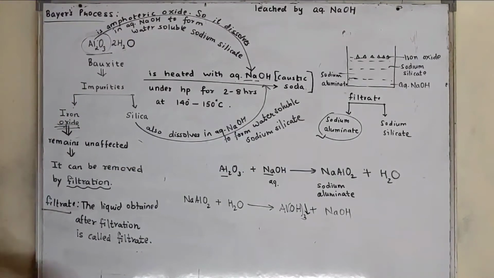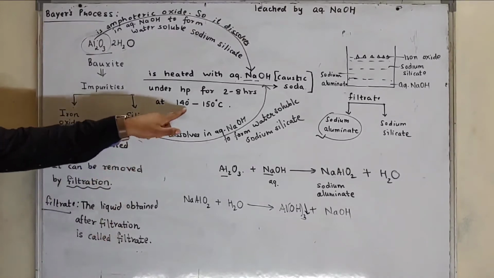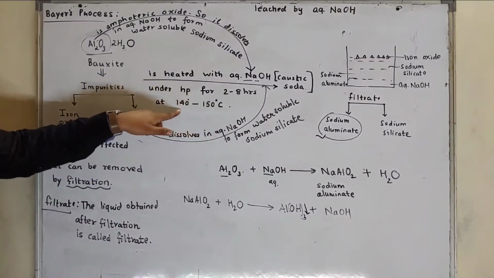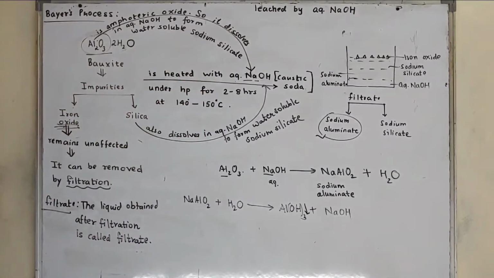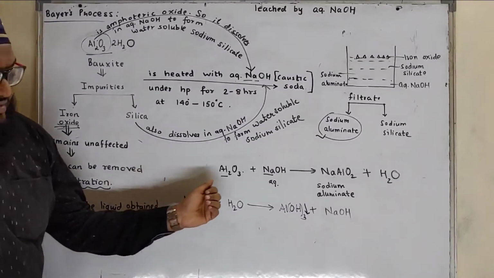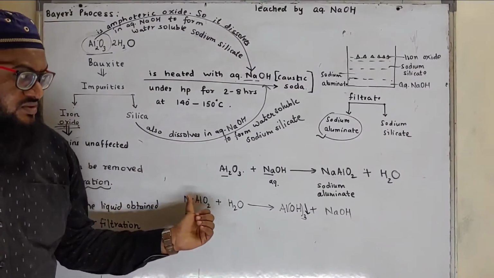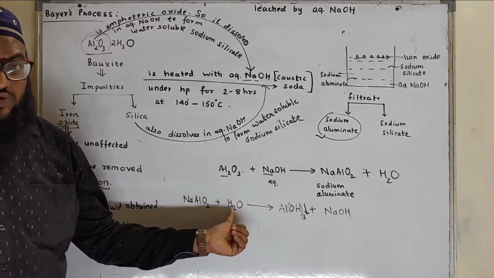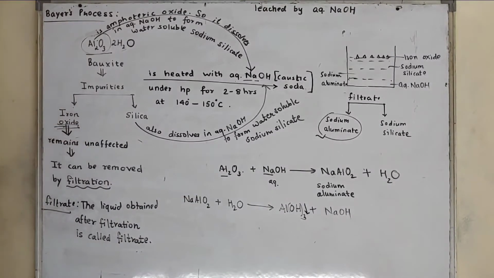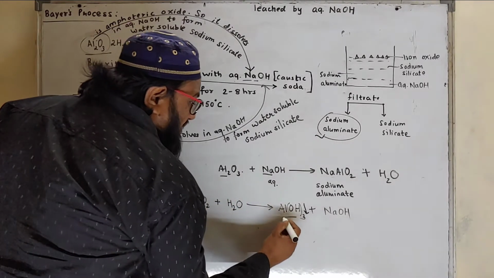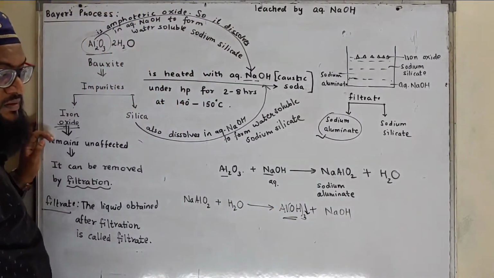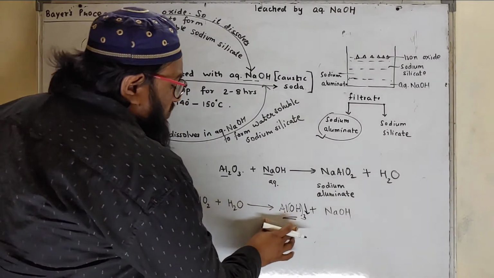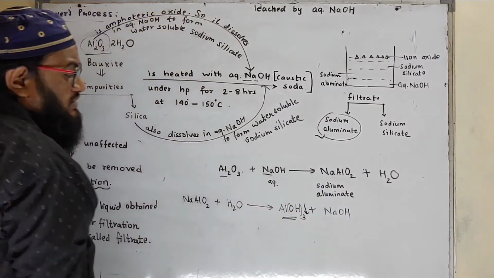Why is it cooled to 50 degrees Celsius? Because the temperature was 140 to 150 degrees Celsius. This results in precipitation of aluminum hydroxide.